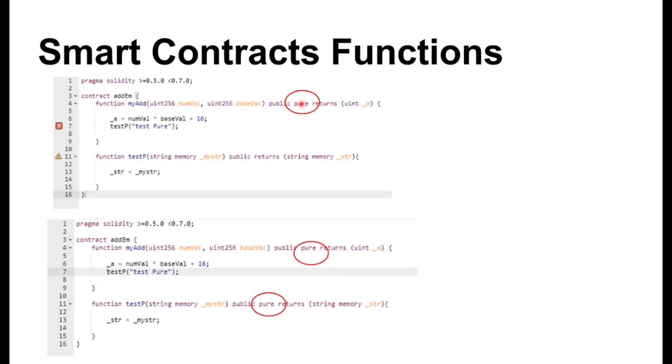We can see here that we have a pure function, and it looks like it's making a call to test P here. But notice test P is not a pure function. So, number one, we have a warning, and then we get an error here. And then we see if we change test P to a pure function, then we have no errors or warnings.